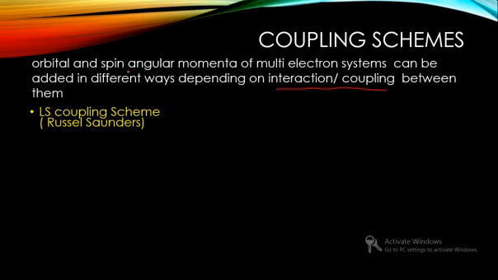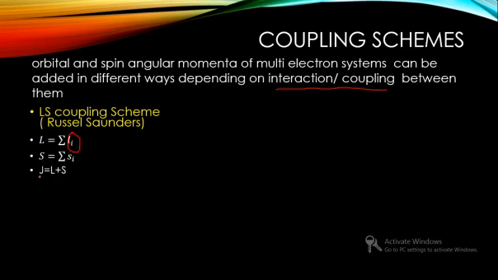Here we have seen that there are 2 coupling schemes possible. One is called the LS coupling scheme, where the orbital angular momentum of each electron is added up to get a cumulative orbital angular momentum, as well as the spin angular momentum of each electron is added up to get the total spin angular momentum vector.